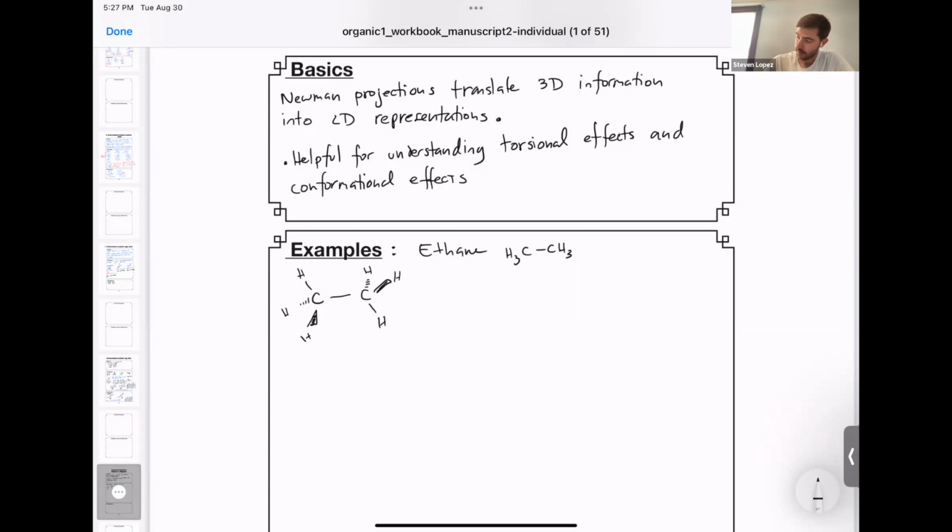Another conformer of ethane looks like this. So what's the difference between them? First, the left side of the molecule is exactly the same, but the one on the right is a little different. What's happened is this side of the molecule has been rotated by about 180 degrees. Remember, you can rotate around single bonds.